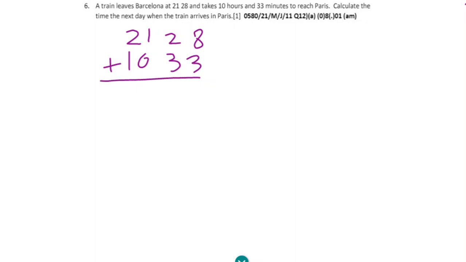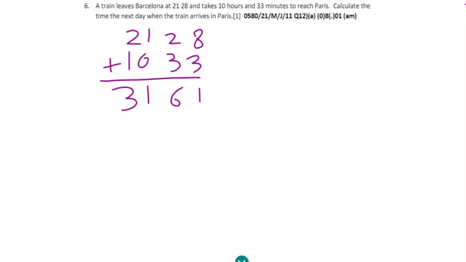Question number 6. A train leaves Barcelona at 21:28 and takes 10 hours 33 minutes to reach Paris. Calculate the time the next day when the train arrives in Paris. 21:28 plus 10 hours 33 minutes, which gives us 31:61.